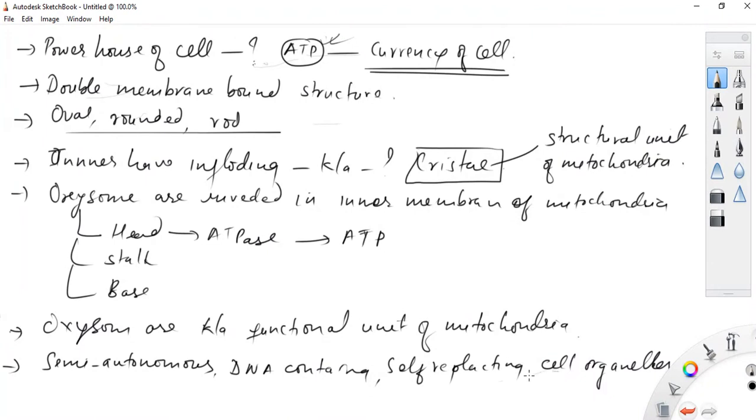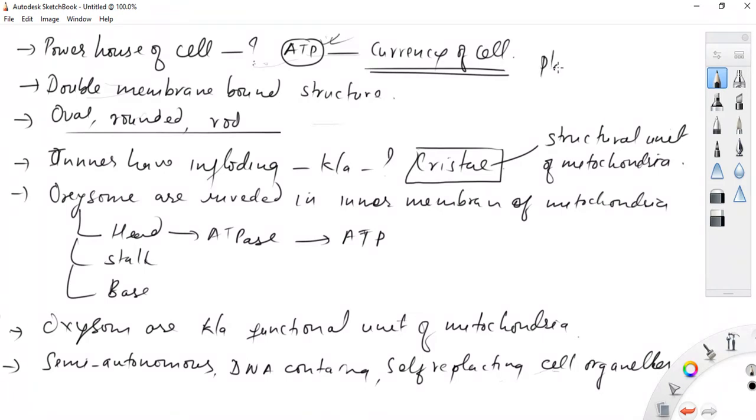They perform half of their functions on their own, and the remaining half is guided by information from the nucleus. Such organelles are known as semi-autonomous organelles because they have DNA inside them, they can self-replicate, half of the functions are performed by themselves, and the remaining half is controlled by information from the nucleus.